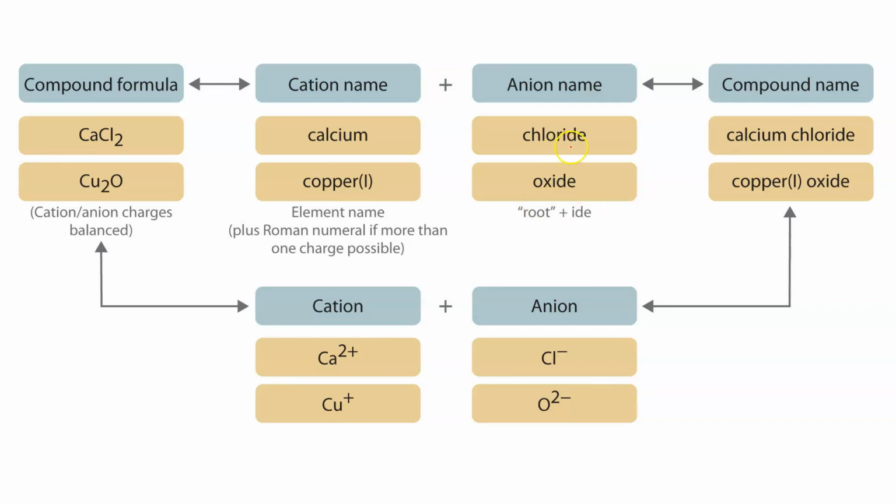So if it ends in IDE, it's going to be an anion. And then with the cation name, it's always just the name of the element. But pay attention if there's a Roman numeral, because the Roman numeral tells us the electrovalency of that element. And it will generally be used for something that can have a changeable electrovalency, so one of our transition metals.